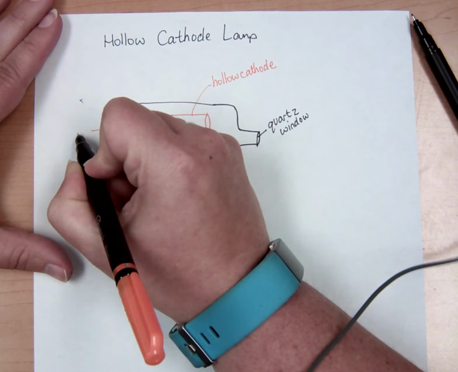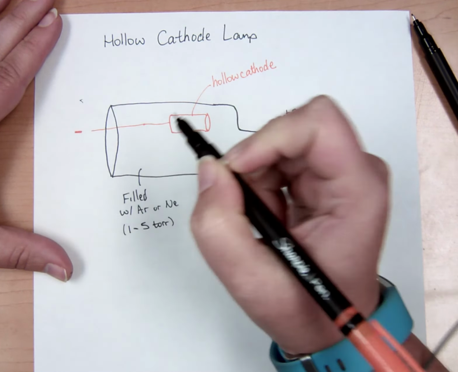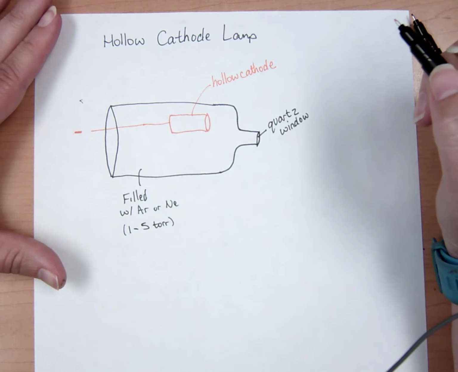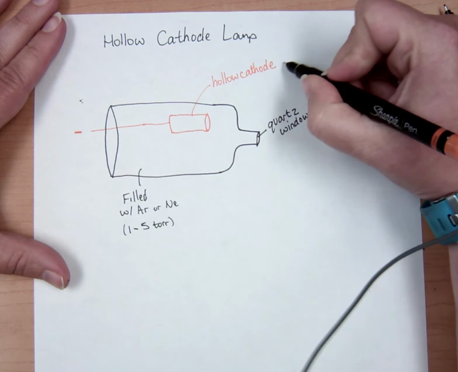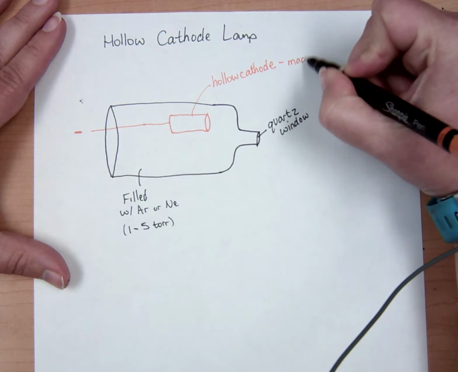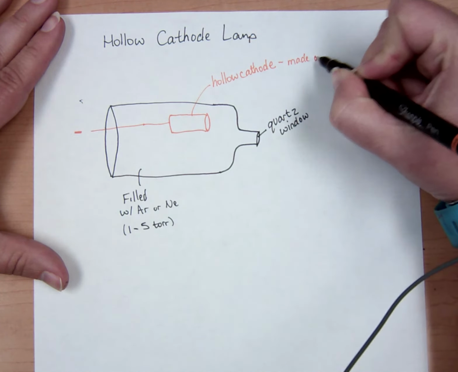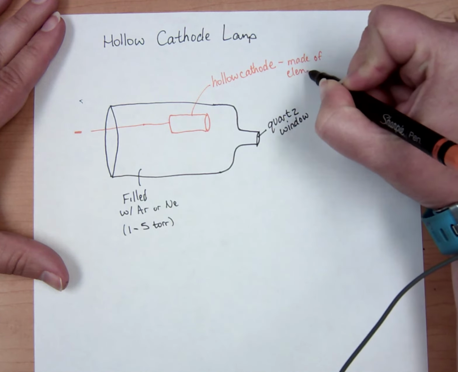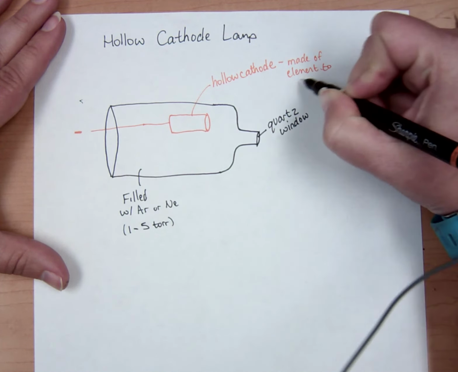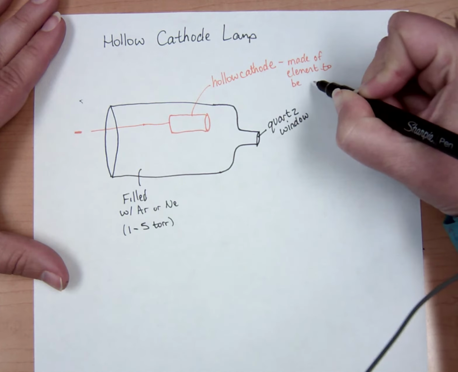We have a negative potential applied to the cathode. Now this hollow cathode is made of whatever element we want to be analyzing, and I'll get to why that is in just a minute. Not the sample itself, but just the same element.